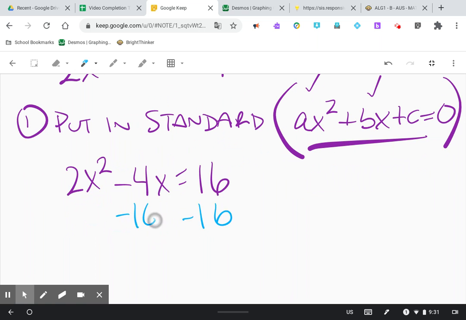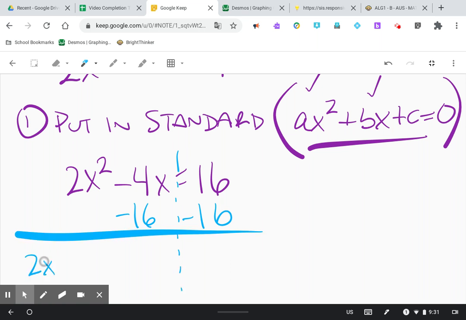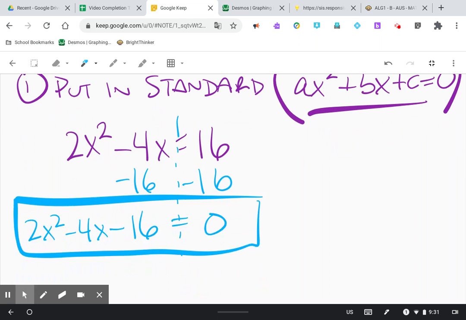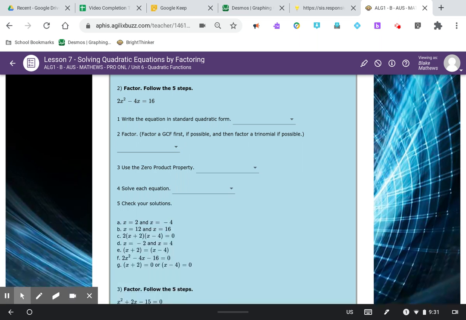So I'm going to subtract 16 from both sides. And I end up with 2x squared minus 4x minus 16 equals 0. So now we're in standard form. So let's go look over here and see what we have. There it is, answer choice F is going to be the standard form.